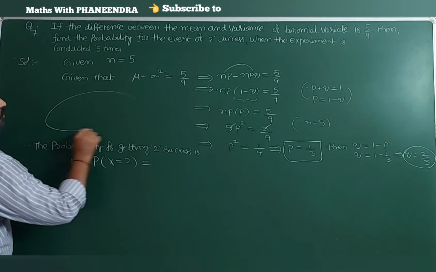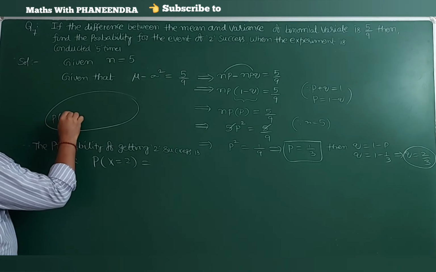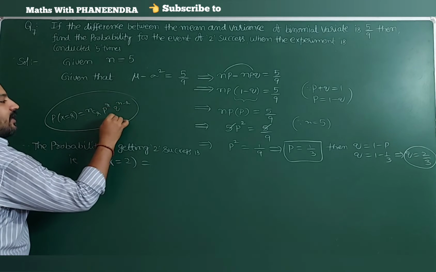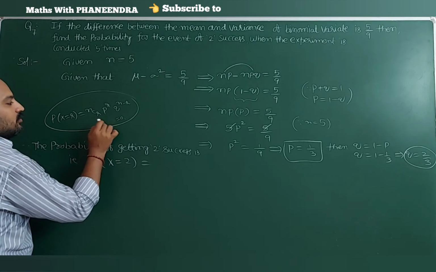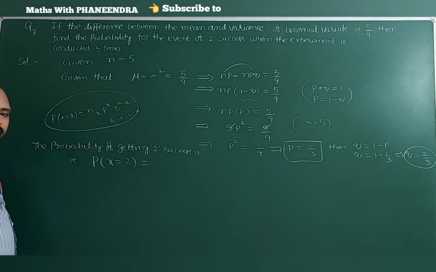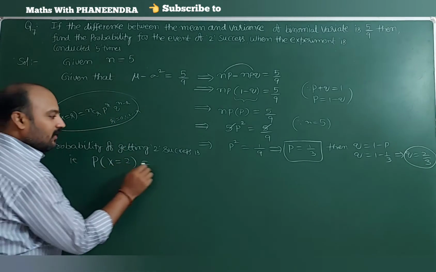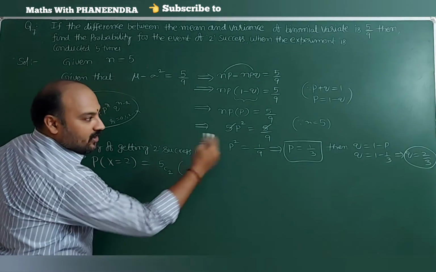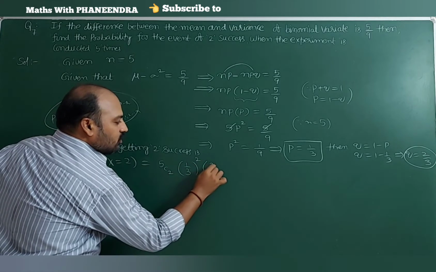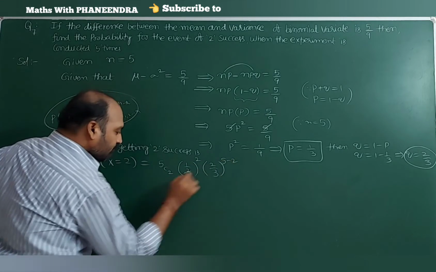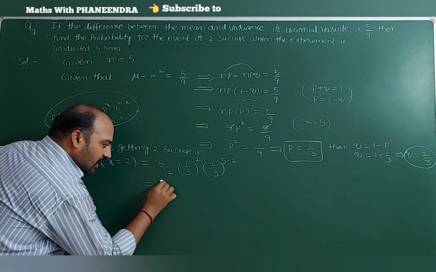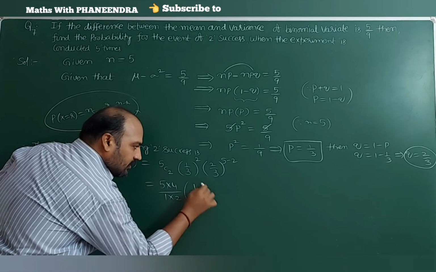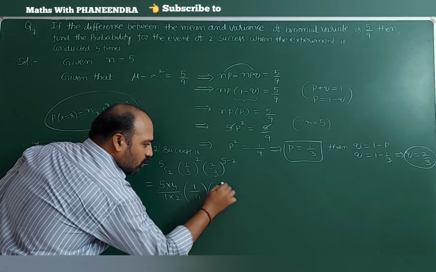So we know that P of x is equal to r from the binomial distribution, nCr p power r q power n minus r, where r is equal to 0, 1, 2, 3 and so on, n. So r is equal to 2 here, n is equal to 5. So 5C2, p is 1 by 3 whole power 2, 2 by 3 whole power 5 minus 2. So 5C2, so 5 into 4 divided by 1 into 2. 1 by 3 whole square is 1 by 9. So 2 by 3 whole power 3.